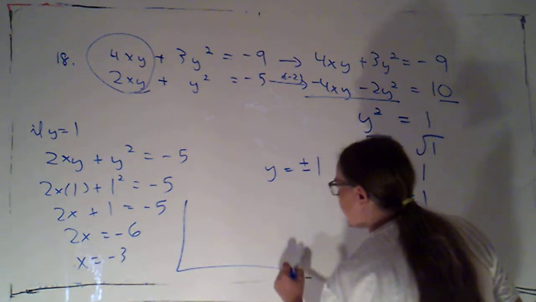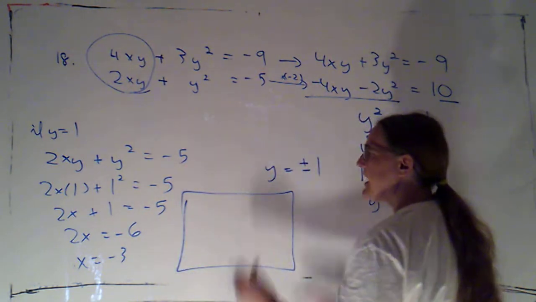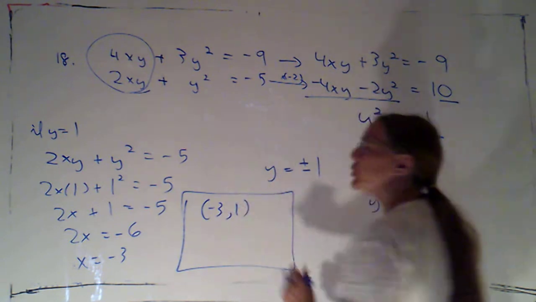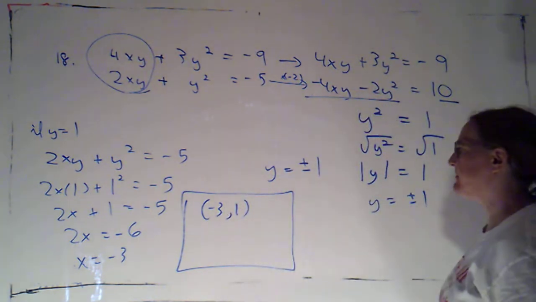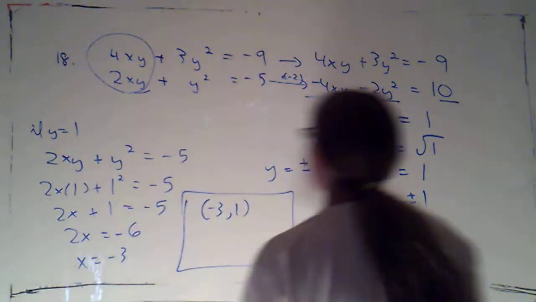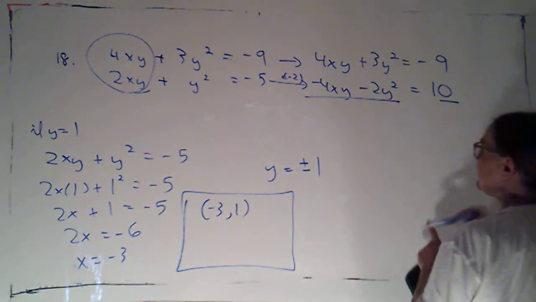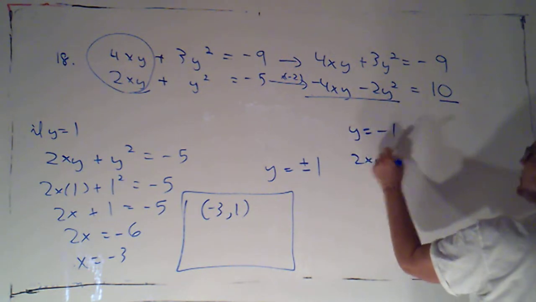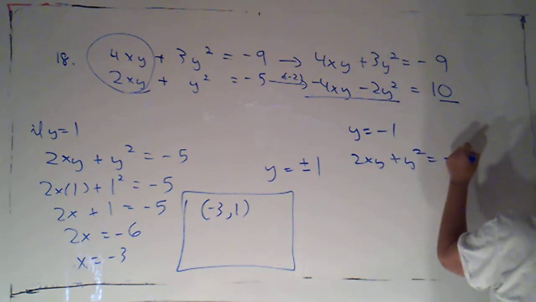So I'm going to just create a box here for my answers. To make it super clear that these two go together, I'm just going to write them as the ordered pair, negative 3, 1. All right, let's see what happens if y is negative 1. So again, 2xy plus y squared equals negative 5.